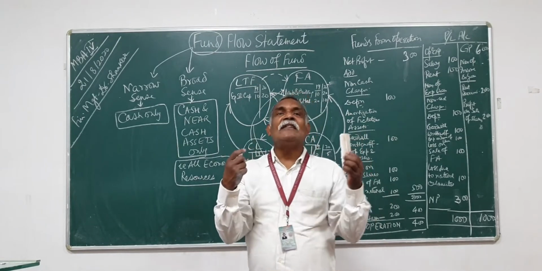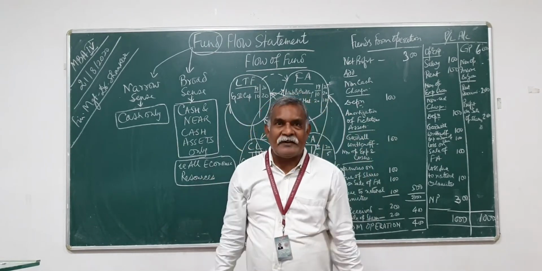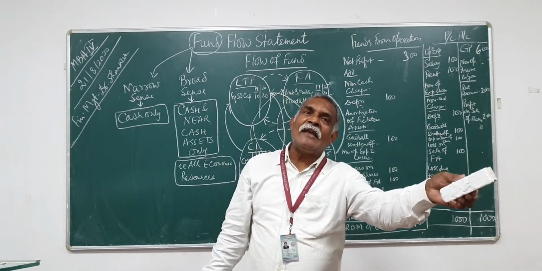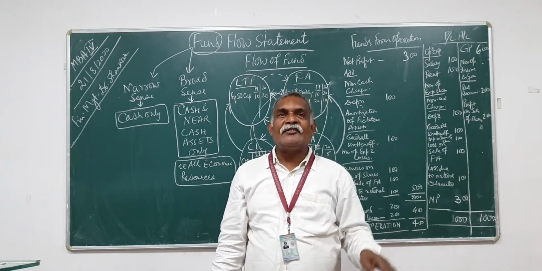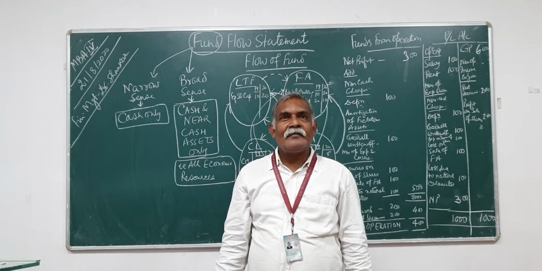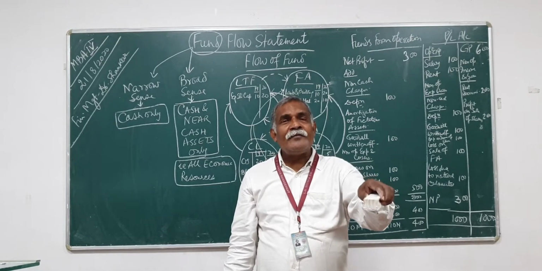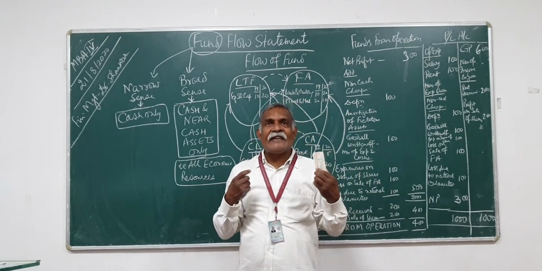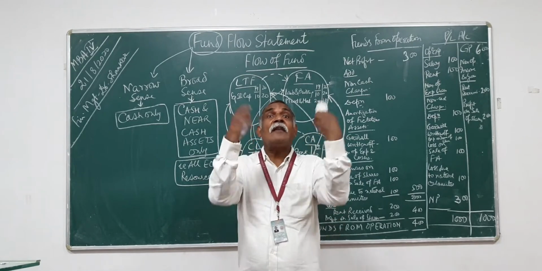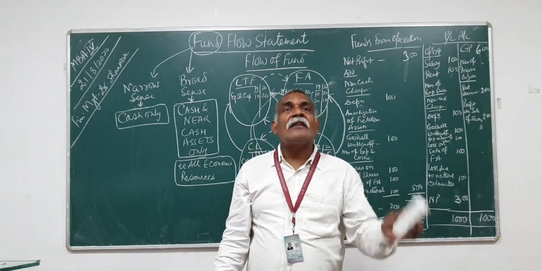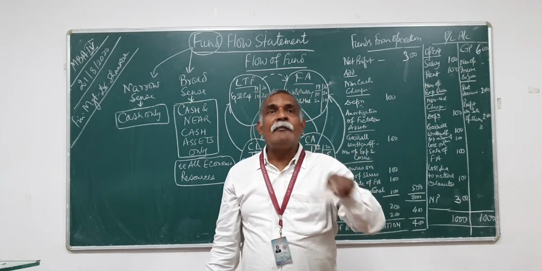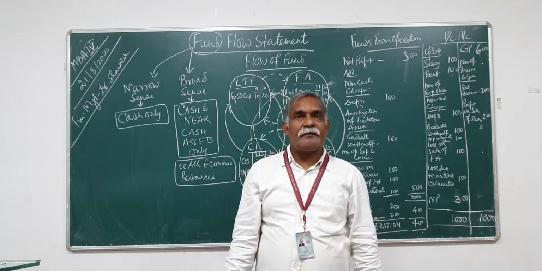But from where we get the fund and where we have applied the fund, such information we will never get either from the profit and loss account or balance sheet, that is position statement. So for this reason, to know from where we will get the cash, or from where we will get the fund, or where fund will be applied, that sort of information we will get only if we prepare fund flow and cash flow statement.